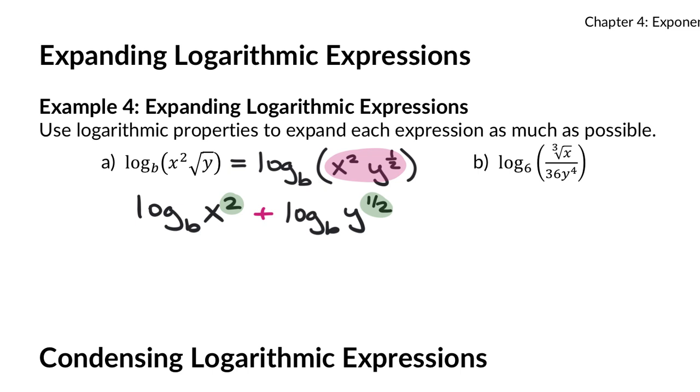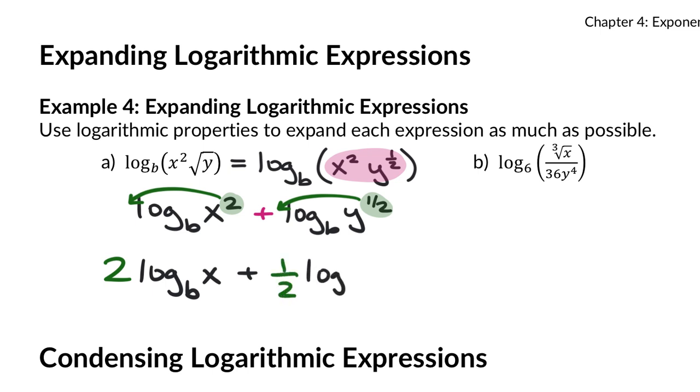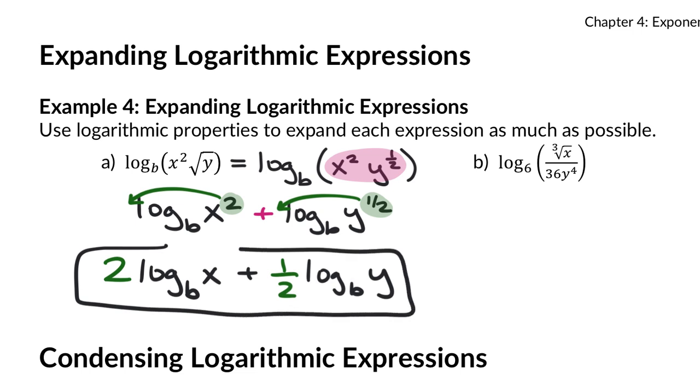The power rule tells me I can do what with both of those floating numbers? Move them to the front. So this becomes 2 times the log base b of x plus 1/2 times log base b of y. And that is the expanded form of that single logarithm.